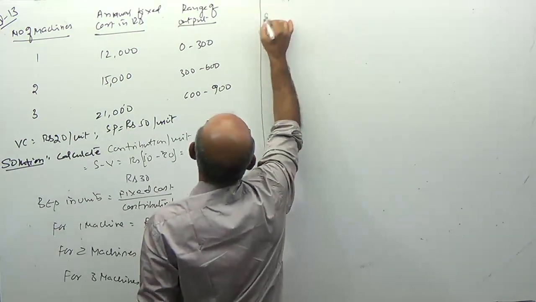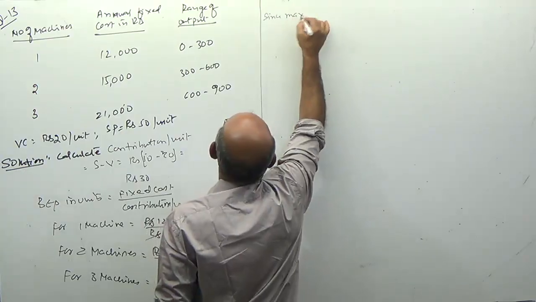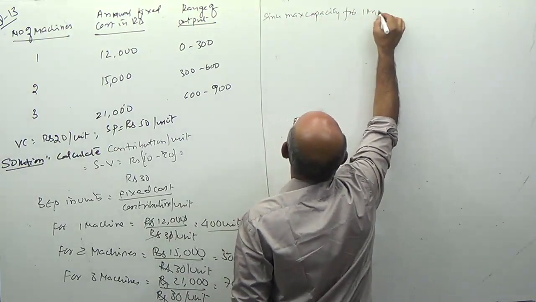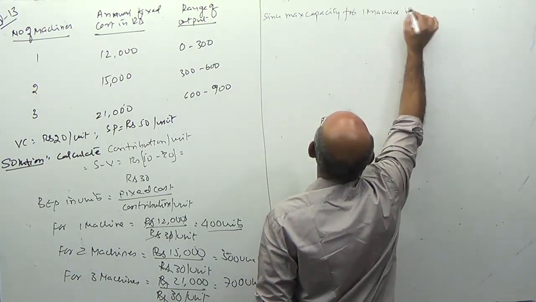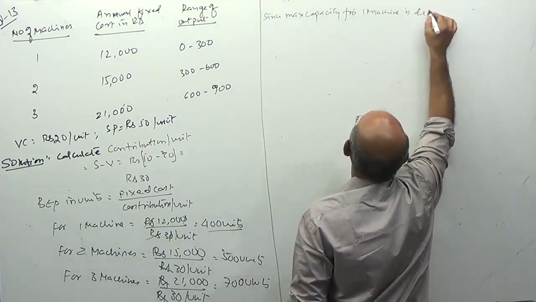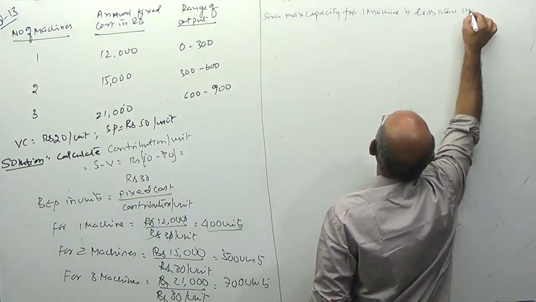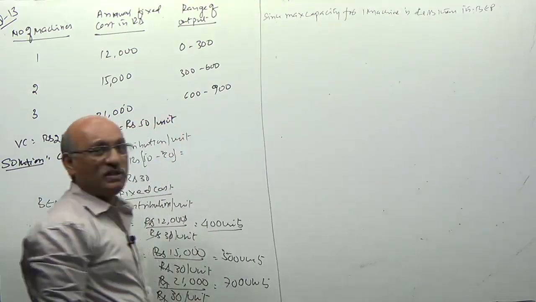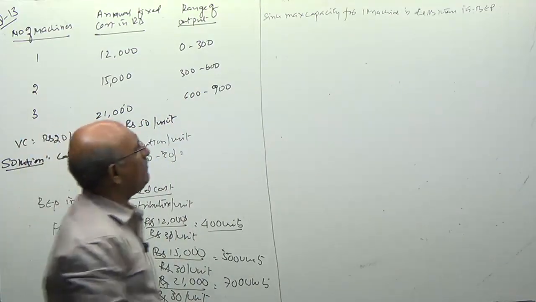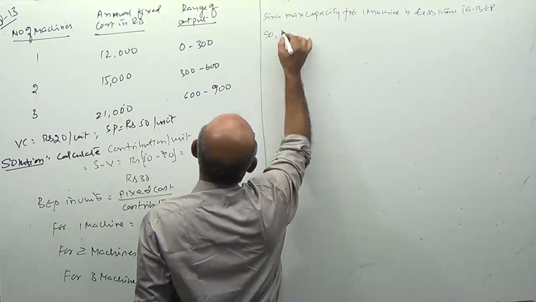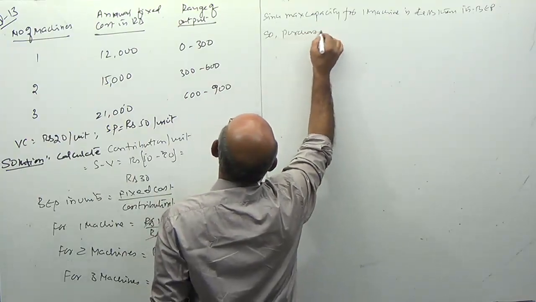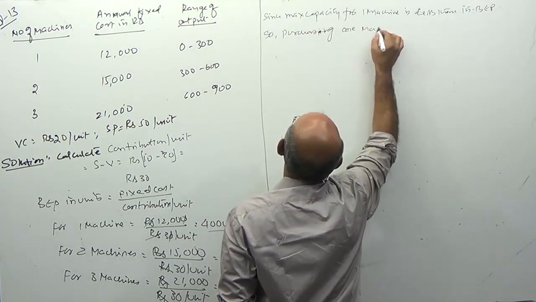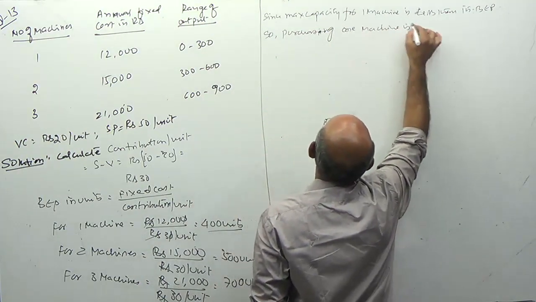First, since maximum capacity for one machine is less than its break-even point, purchasing one machine is ruled out.